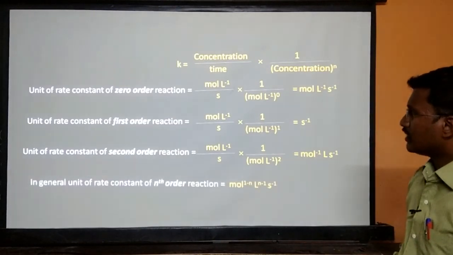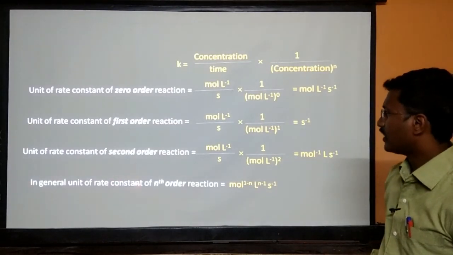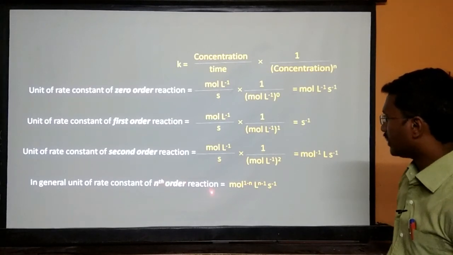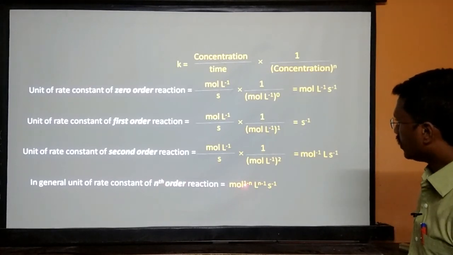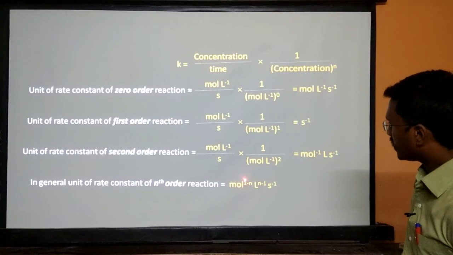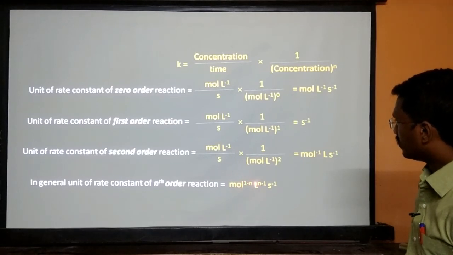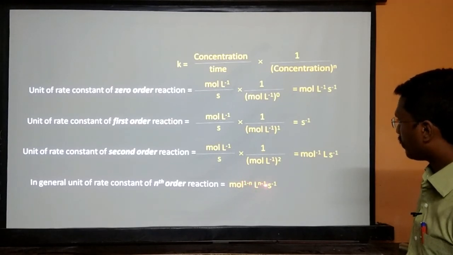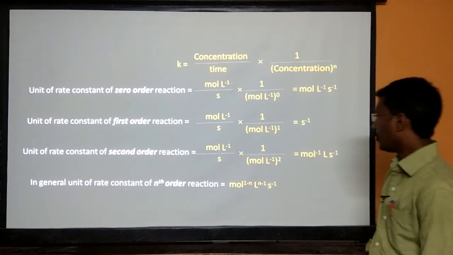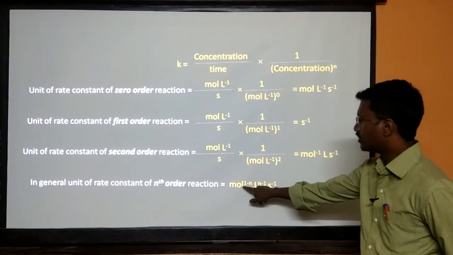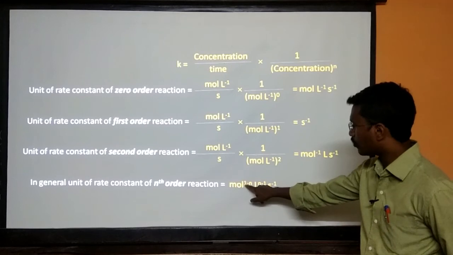So generally, the SI unit of rate constant of nth order can be written as mole raised to 1 minus n, liter raised to the power n minus 1, per second. Why have I written 1 minus n here? The mole is raised to the power 1 minus n.